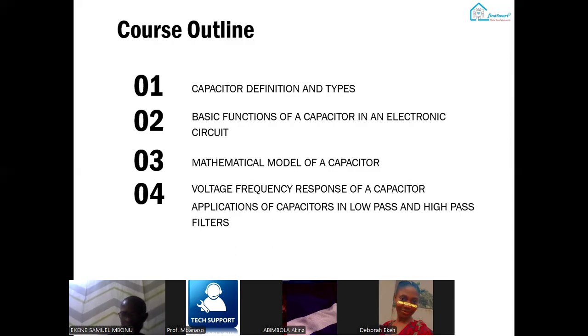But at low frequency, the reactive impedance, that is the reactance, will increase. These are concepts that will help one to understand how these things are applied in electronic circuits.